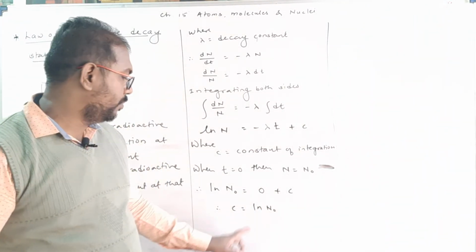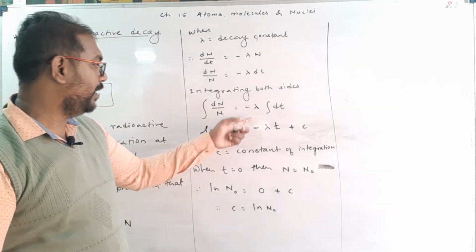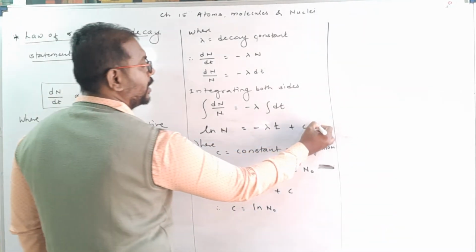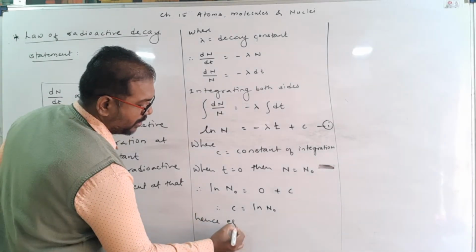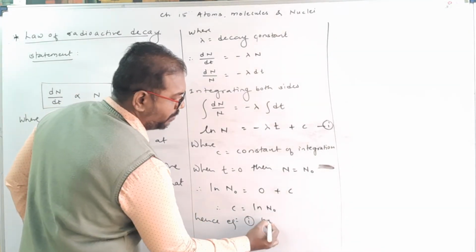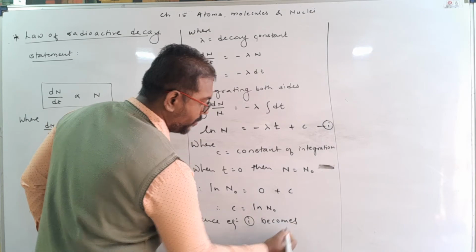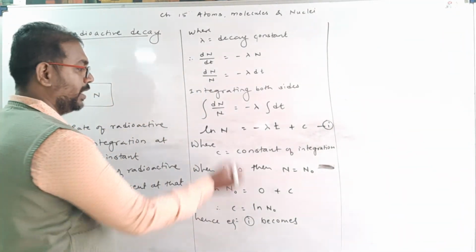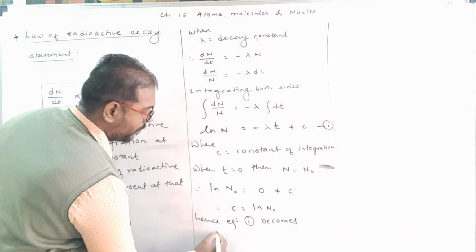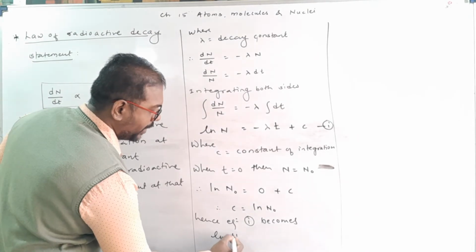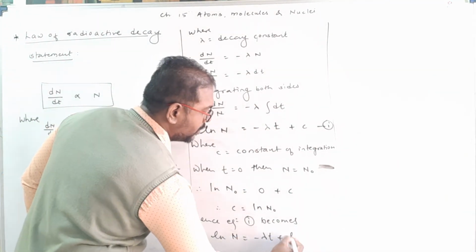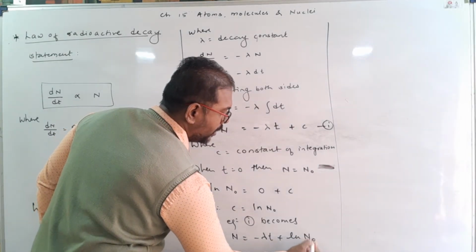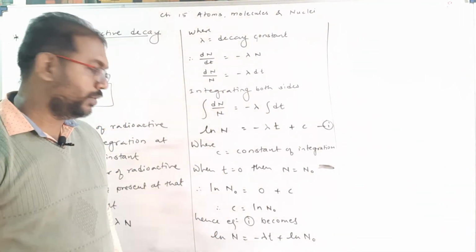That we have to substitute in equation 1. Hence equation 1 becomes log of N is equal to minus lambda t plus log of N0.